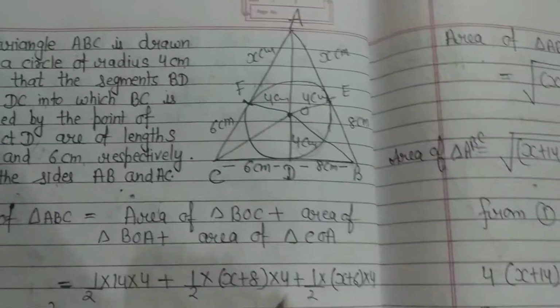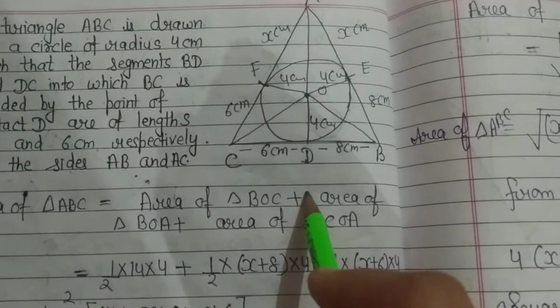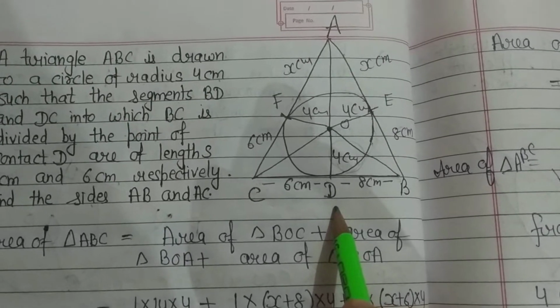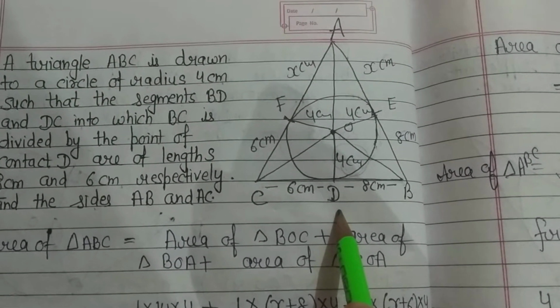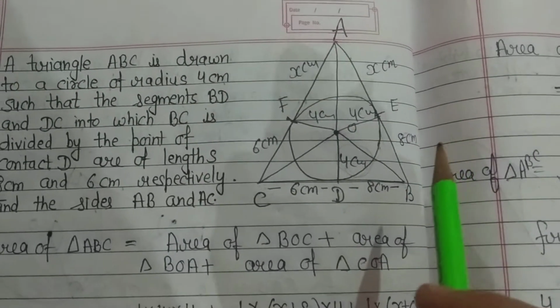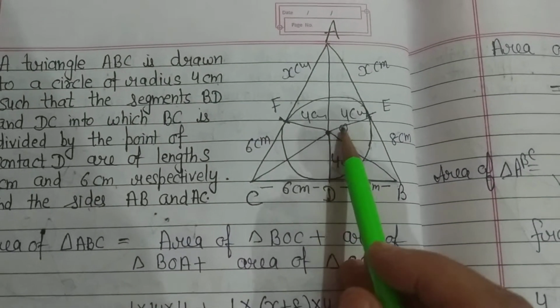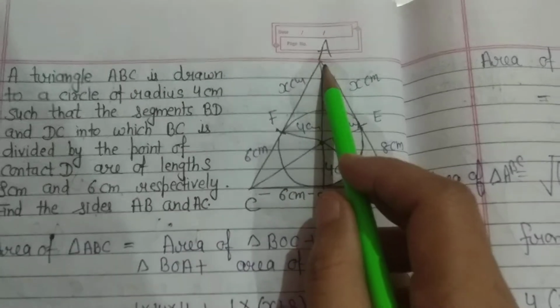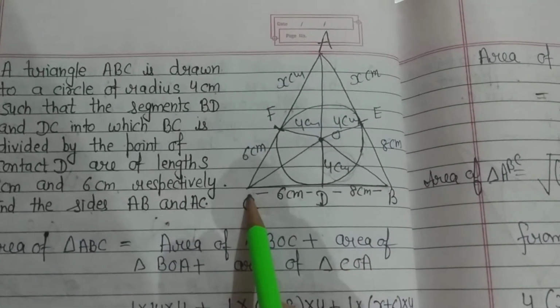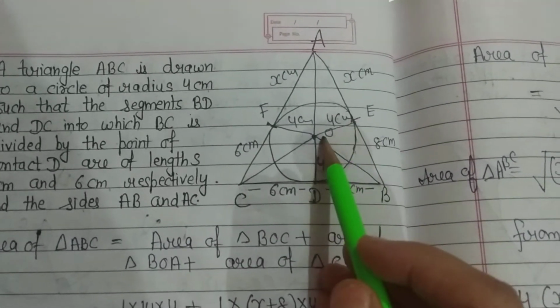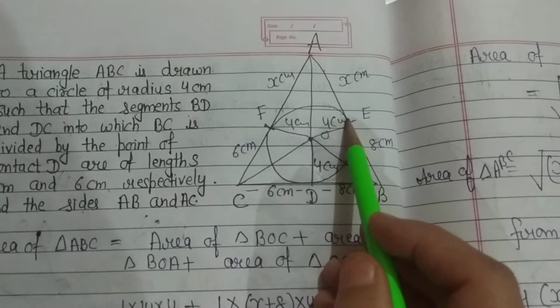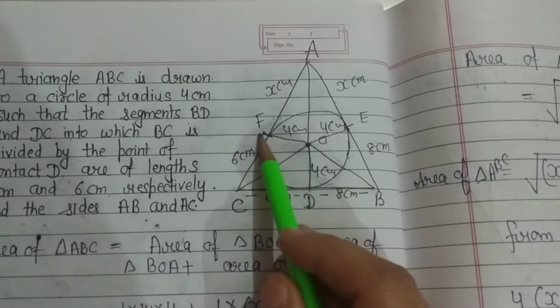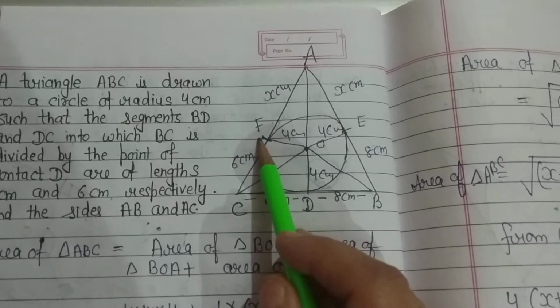Now see, for this question we will take the concept of area of the triangle. First of all, what I have done, I have joined O to C, B and A. Now here I have joined O to this point of contact, and here I have taken another point of contact.